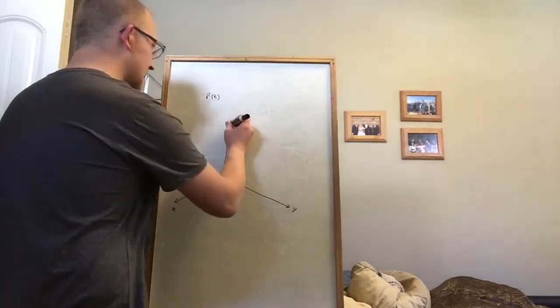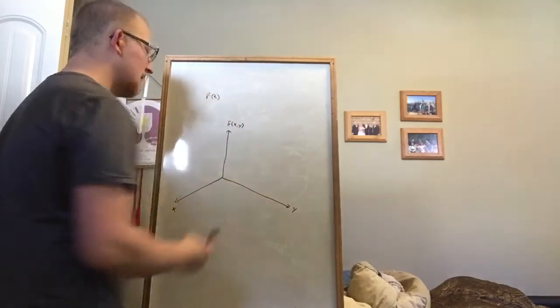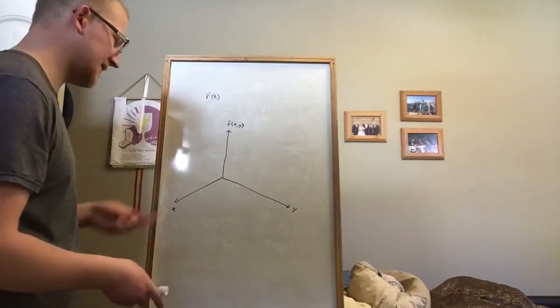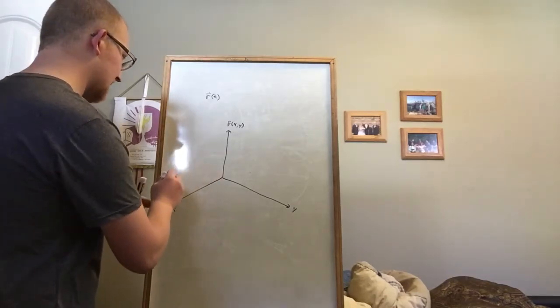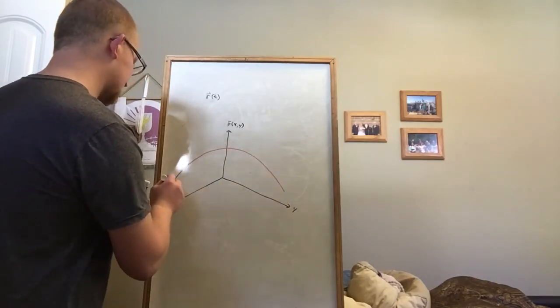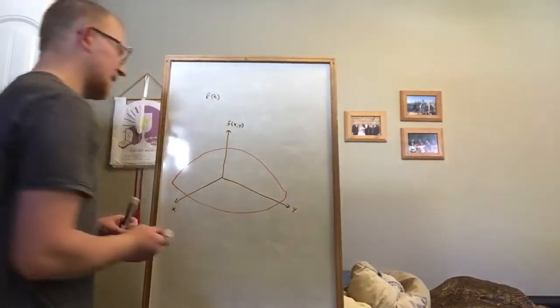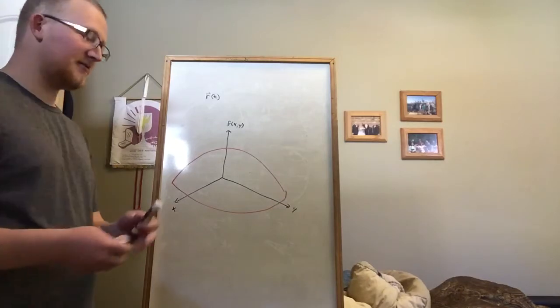We're just going to call it a function of xy. And let's say that this surface that the function creates looks kind of like some sort of a paraboloid. And so that is what our surface looks like that's created by this scalar function.